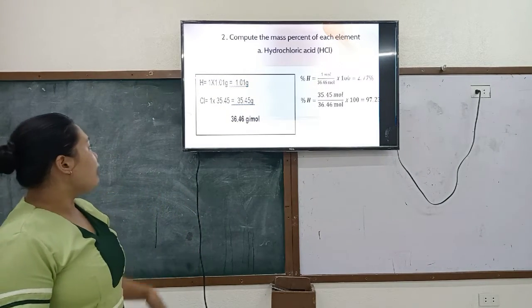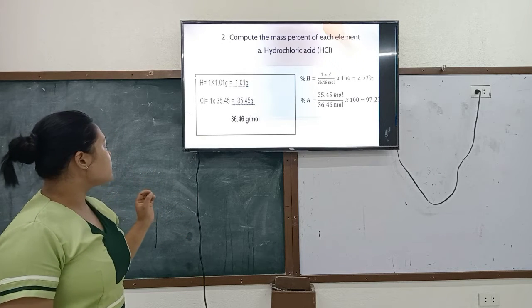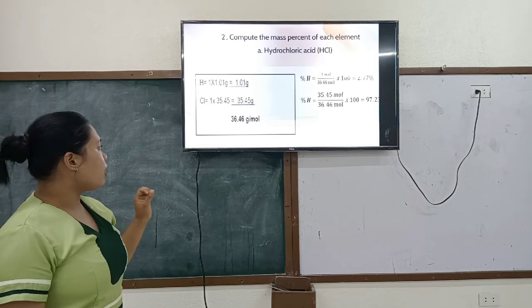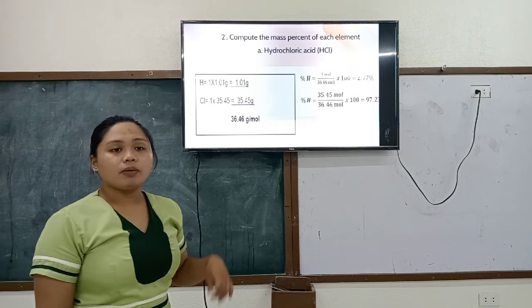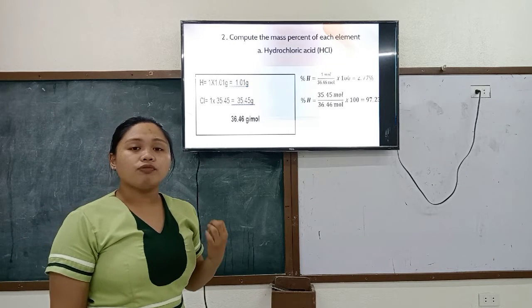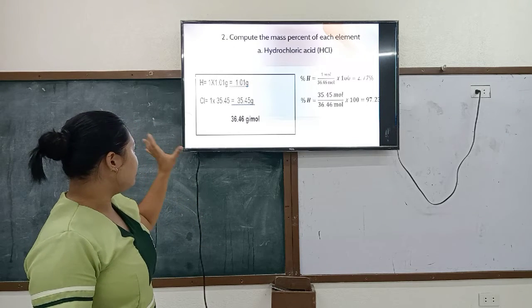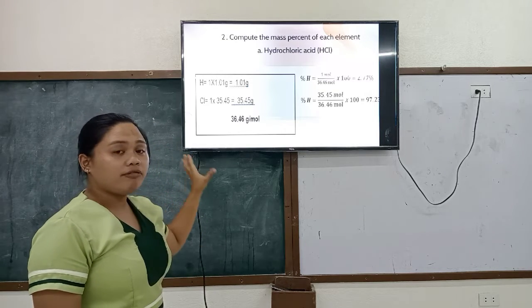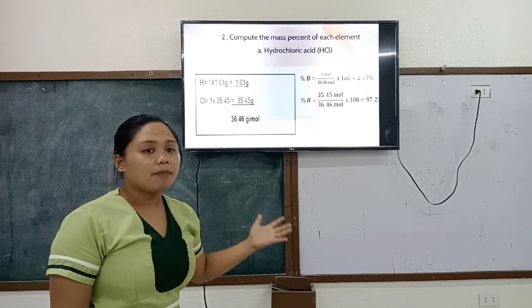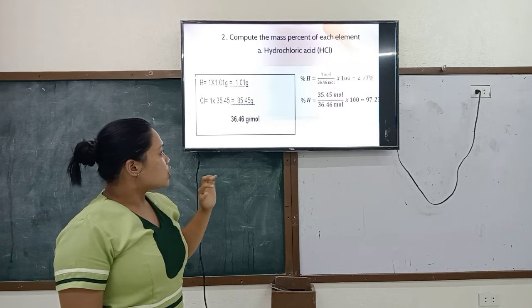Okay, so for letter A, our hydrogen equals 1 times 1.01 grams per mole equals 1.01 grams. And for our chlorine, it is 1 times 35.45 equals 35.45 grams. So we have to add them. So the answer is 36.46 grams per mole. Now, since we have our given, we have to substitute our given problem to the formula. So let us find first the percent of hydrogen.